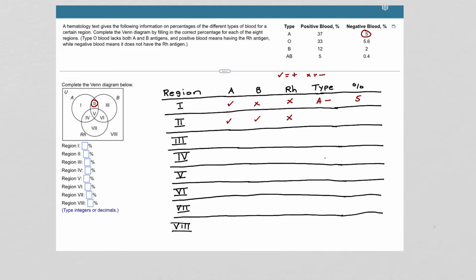So people in this region would have blood type AB negative. They have A, they have B, they don't have the RH factor. And so AB negative is, oh, that's a small one. That's 0.4%. So it looks like that's the rarest of the blood types in the chart.